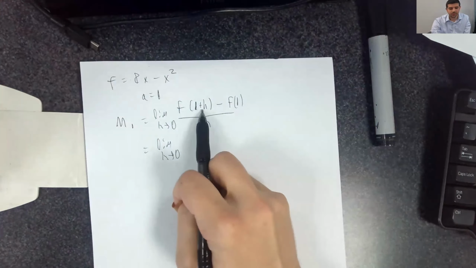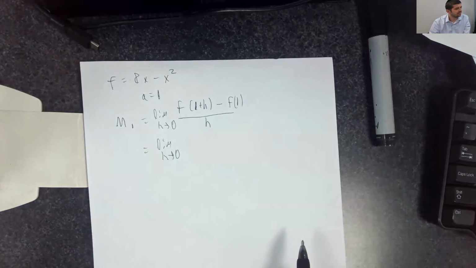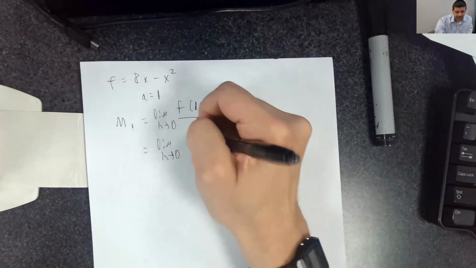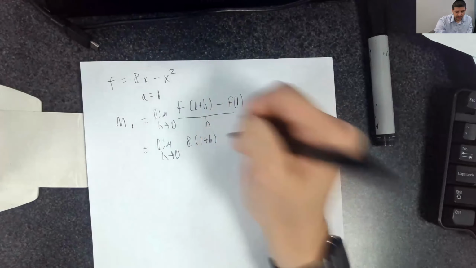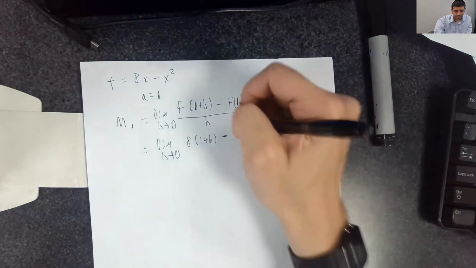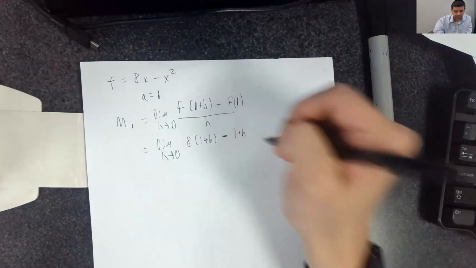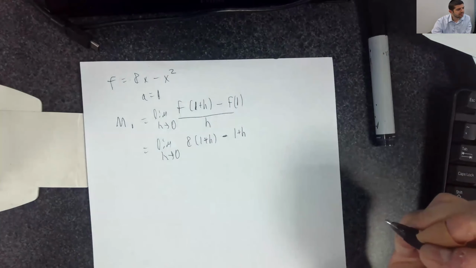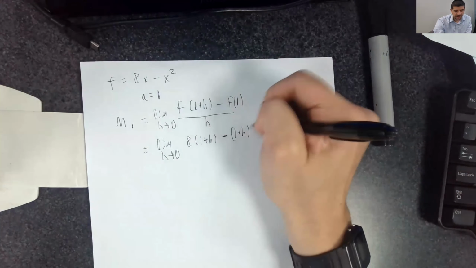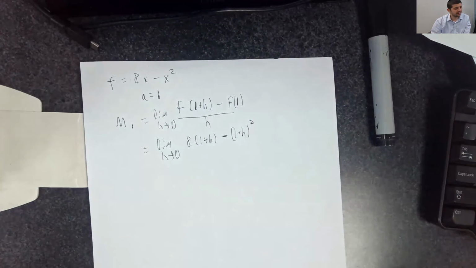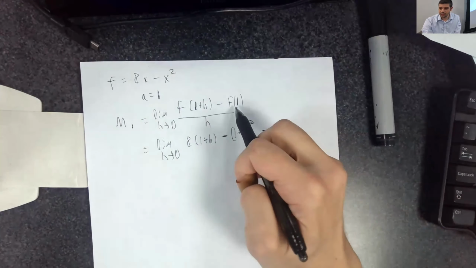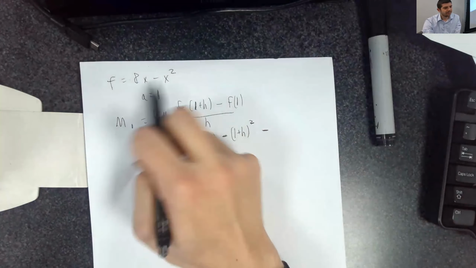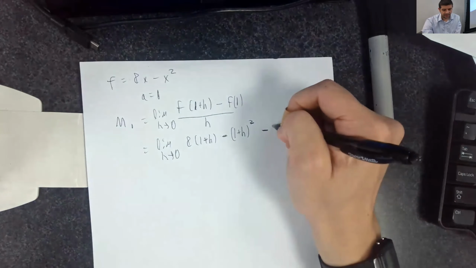What should I write down when I plug in 1 plus h? 8 times (1 plus h) minus (1 plus h) squared. Parentheses squared, like that. And then minus, when you do the f of 1, minus 7. 8 minus 1 is 7.